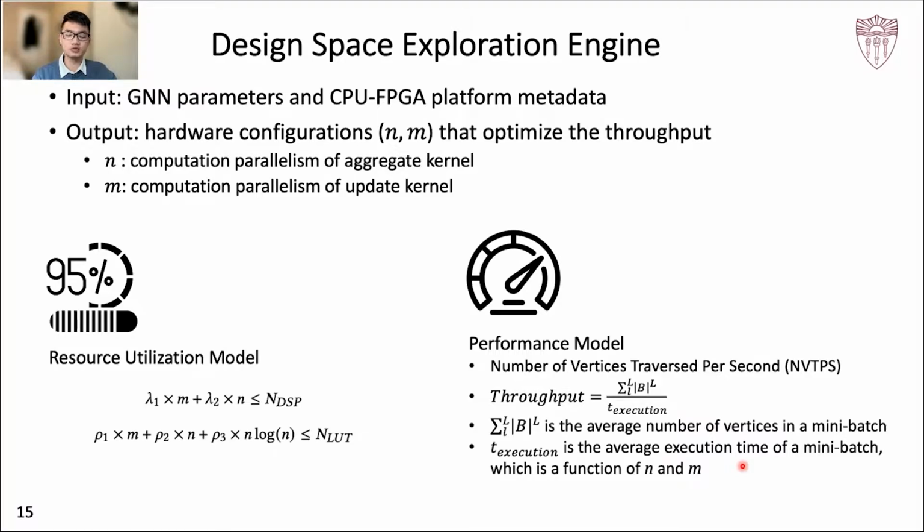So with these two components, what the DSE engine does is perform a parameter sweep by trying different combinations of N and M and see which configurations might provide us the best throughput.